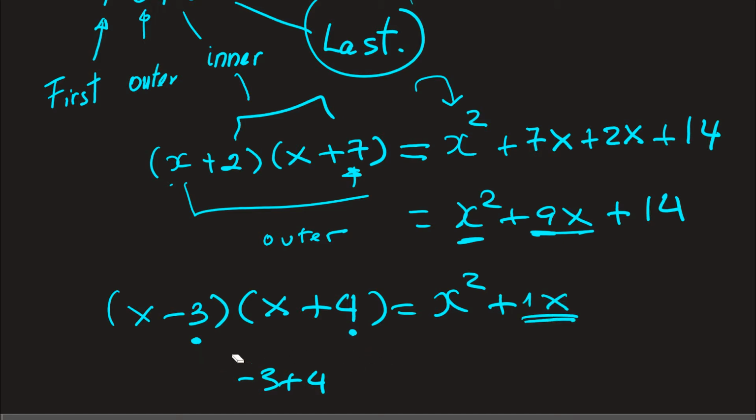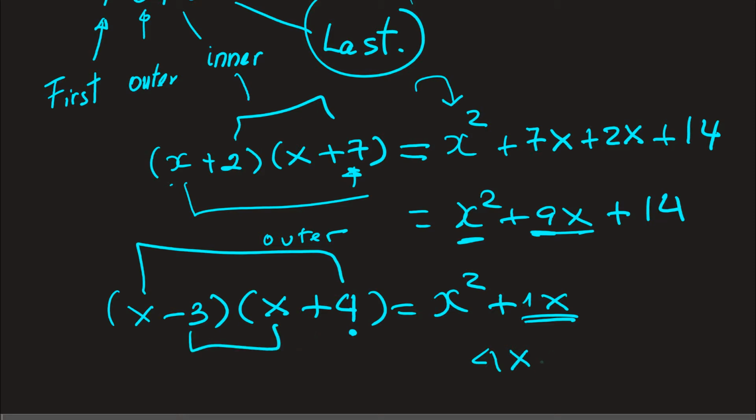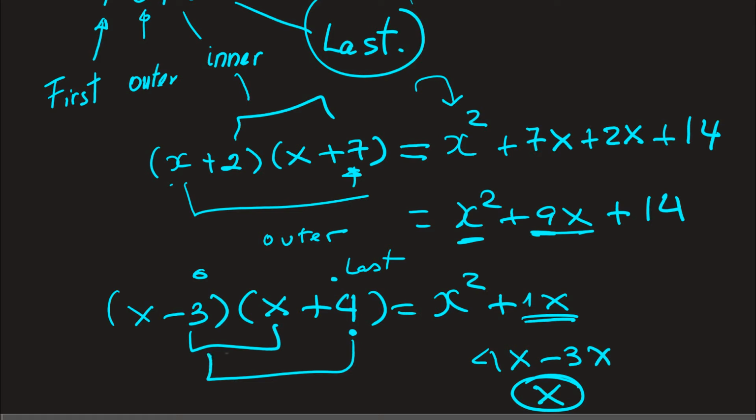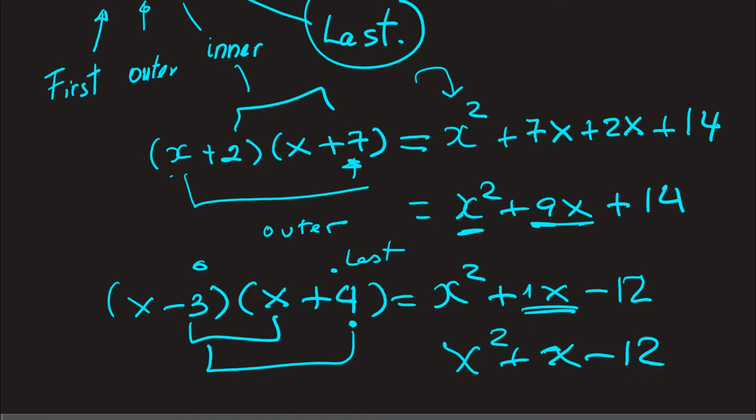They say outer 4x plus inner minus 3x, and again gives you x. Do whatever you want, but learn to do it fast. And at the very end, last, this times this, minus 12, and you got the answer: x squared plus x minus 12.